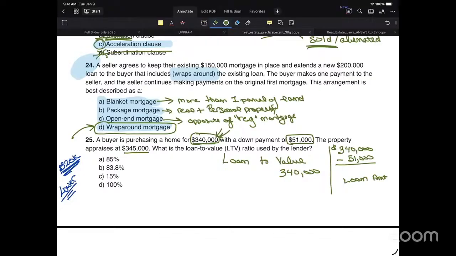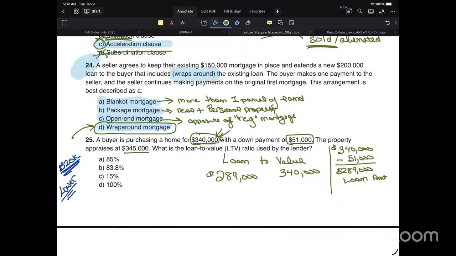So we're going to do $340,000, subtract the $51,000, and that gives us, hey, this person needs a loan for $289,000. So I'll take that number. Our loan is for $289,000.